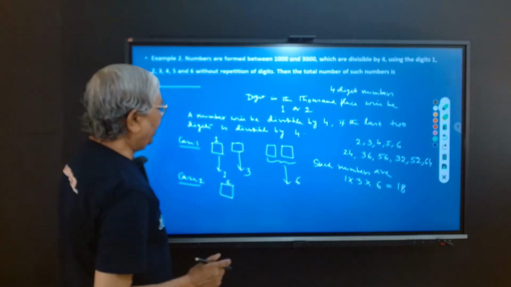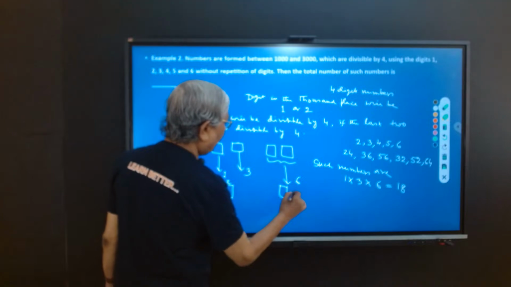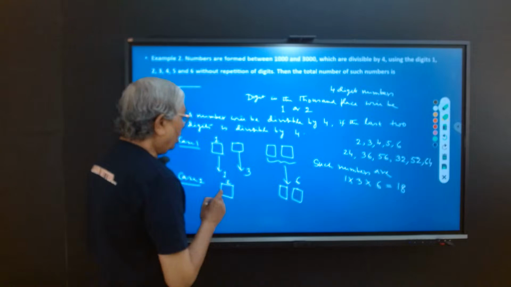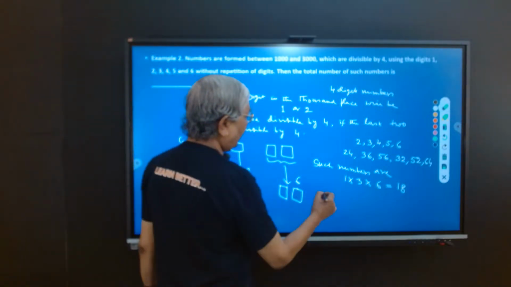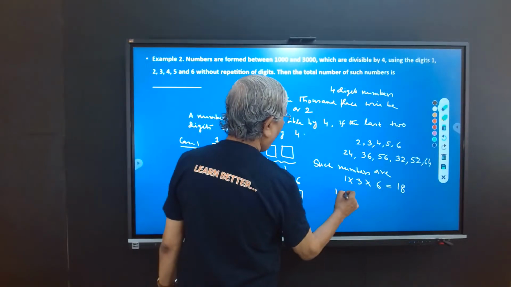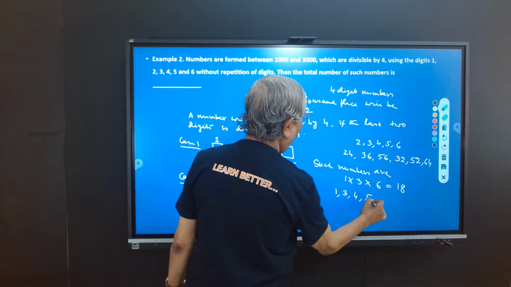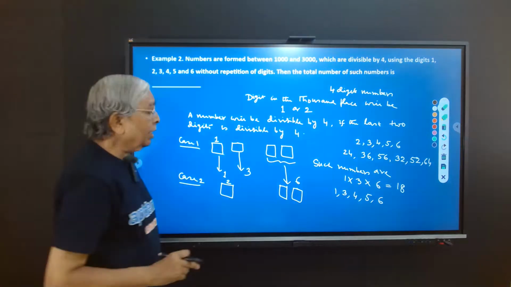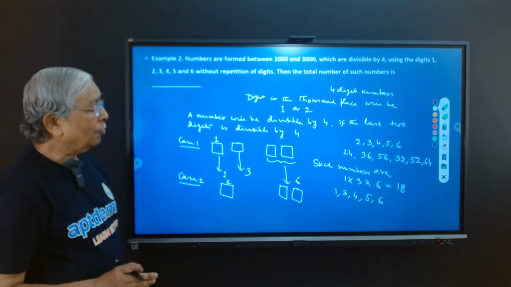Again you have to see whether the last 2 digits are divisible by 4 or not. If we put 2 here, the remaining digits are 1, 3, 4, 5, 6. Write down the 2-digit numbers which are divisible by 4.